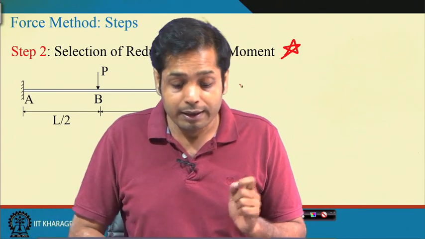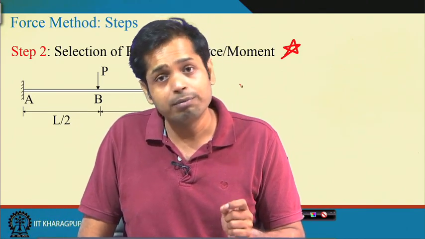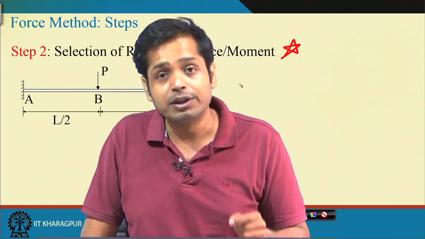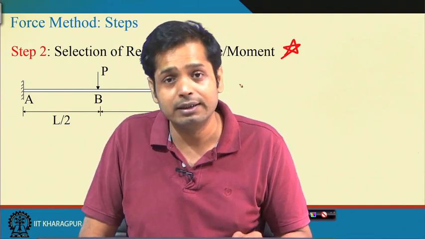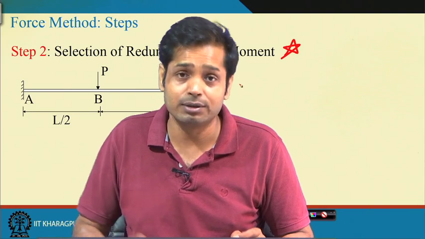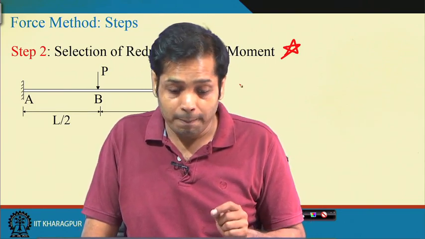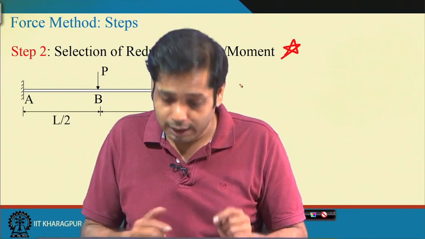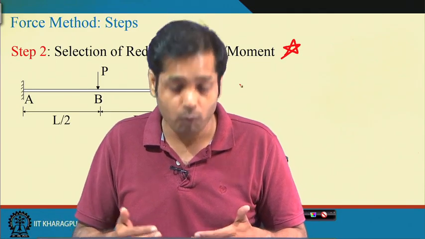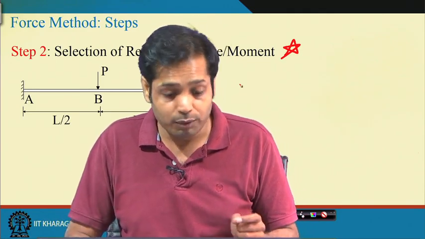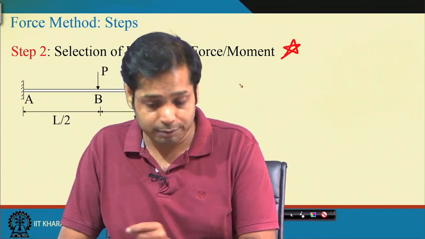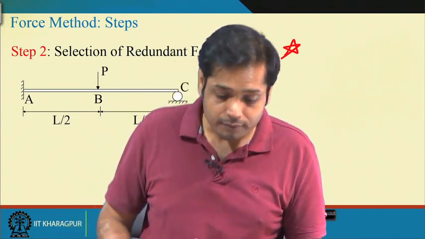Okay. Now, the redundant force should not be such that when we decompose the structure into basic determinate structures, the basic determinate structure becomes unstable. I will explain what I mean through one example.